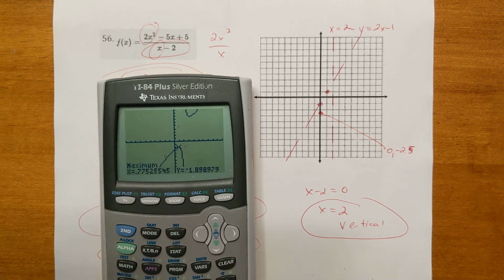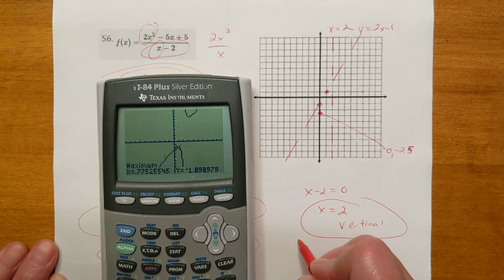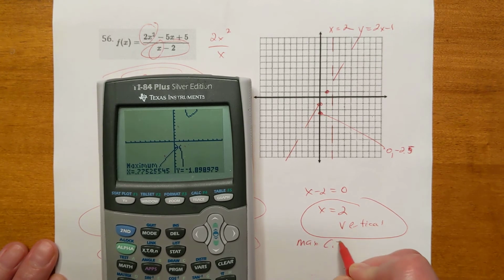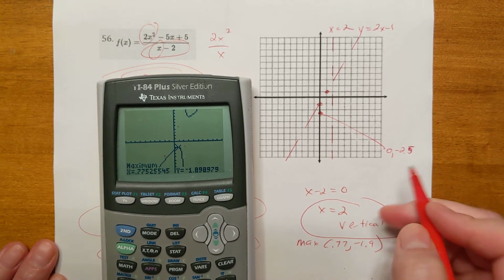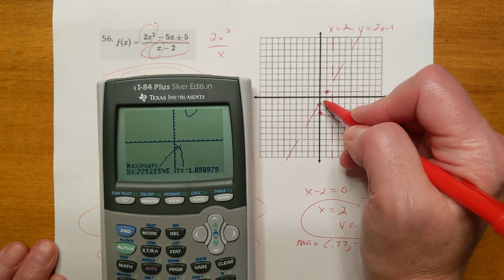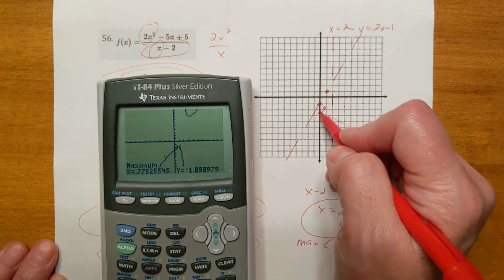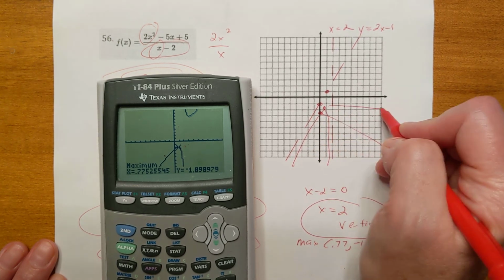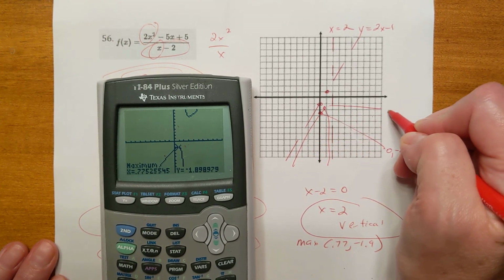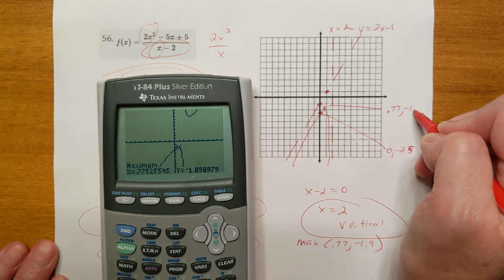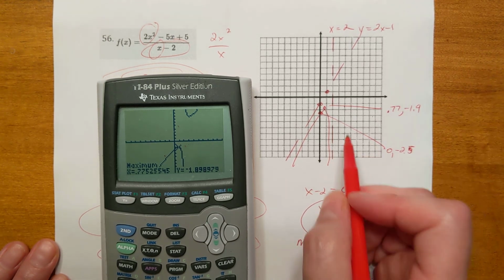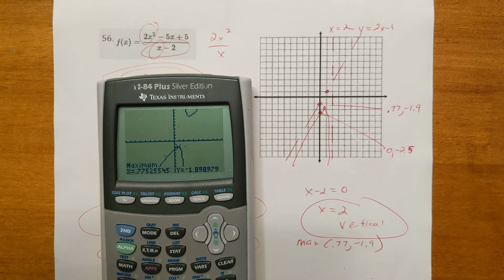And the max is at 0.77, negative 1.9. So we'll label that 0.77, negative 1.9. Or you could write it on the graph. It's just hard to see it on here, so that's why I wrote it over to the side.